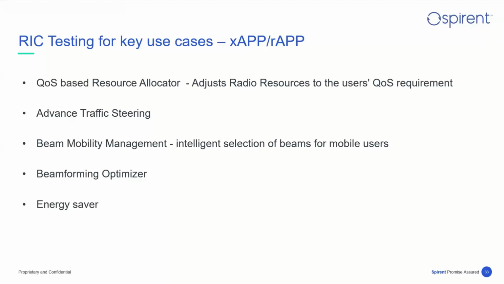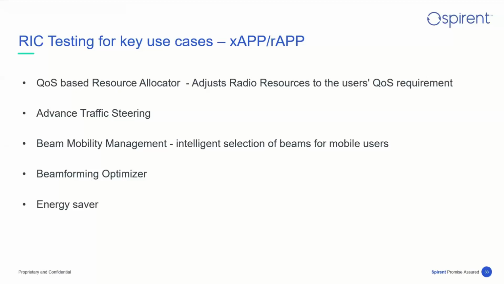So there is a beam cell ID which should reflect that, after a certain power level, the change is happening, the switching is happening, or we can call it beam handover. And that's where beam mobility management intelligence has to be there, again controlled by RIC, and then a beamforming optimizer.